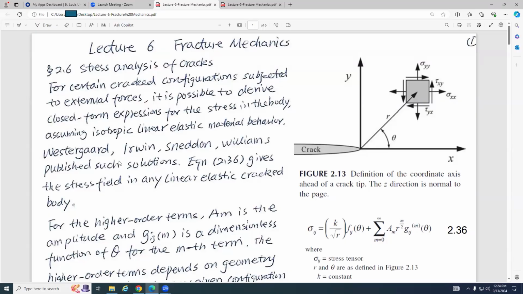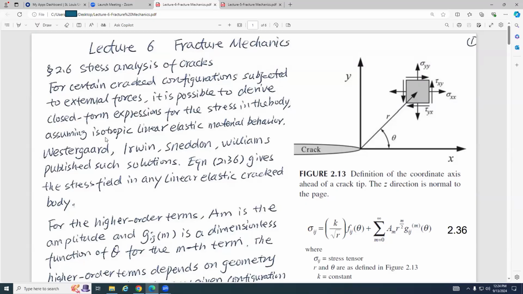So here are several geniuses. In the body, we assume isotropic linear elastic material behavior. What is isotropic? Isotropic means that this material has the same mechanical property in all directions. Understand? For any generic point, the mechanical properties in all directions are identical.